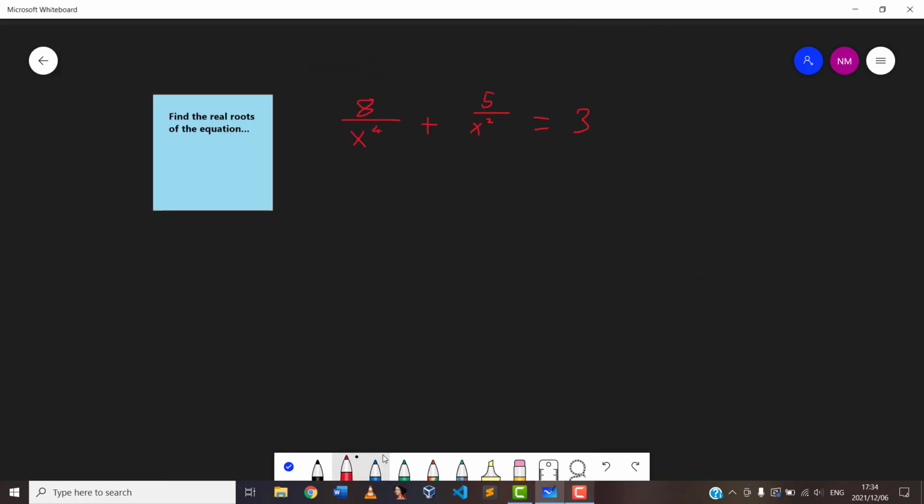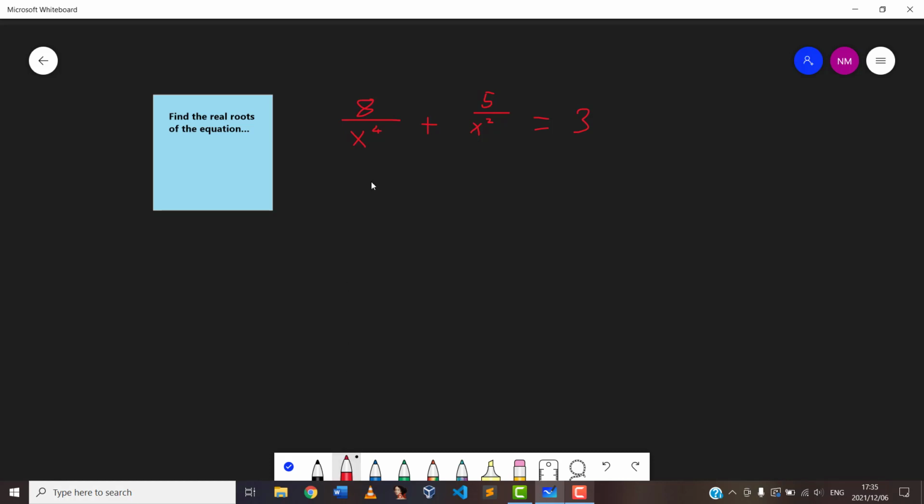Right, so for this equation, we want to find the x values. What we first do is multiply everything by x to the 4 to get rid of these horrible denominators.